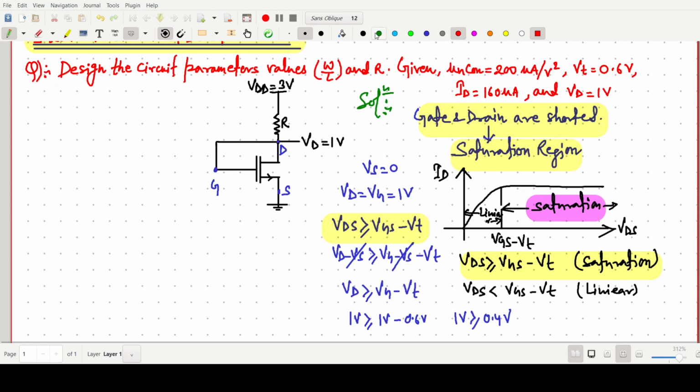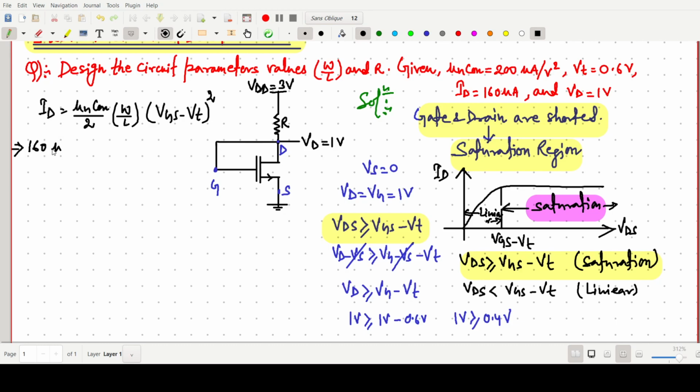What I am doing here is writing ID equals mu n COX by 2 times W by L times VGS minus VT whole square. This is the drain current equation in the saturation region. ID is already given as 160 micro, so it is better to write 160 micro.